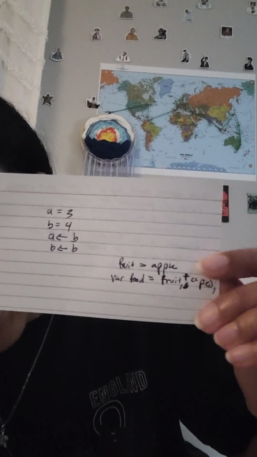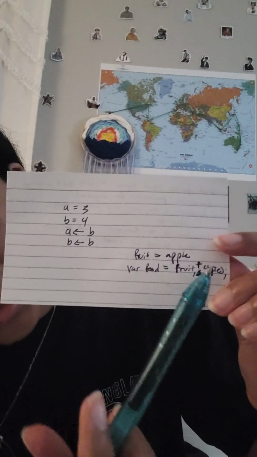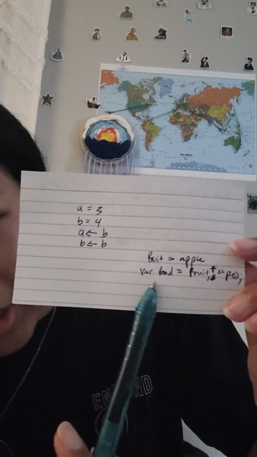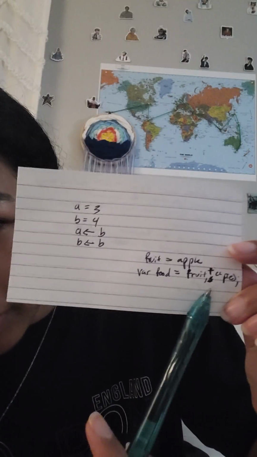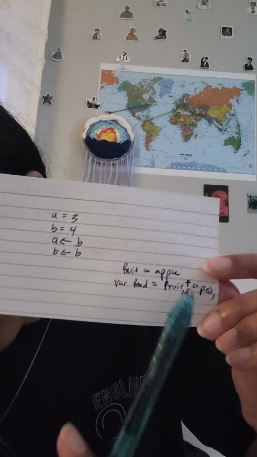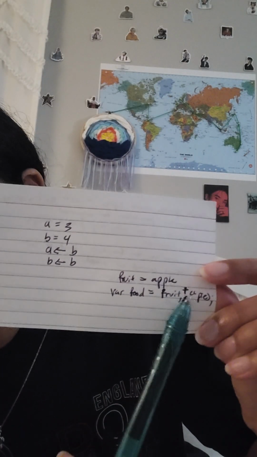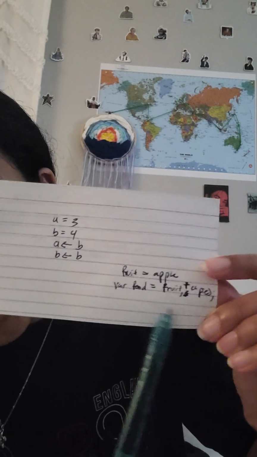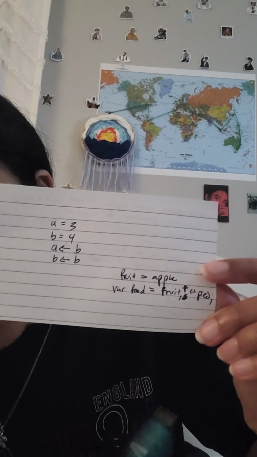This is my very bad handwriting. So basically, if fruit equals apple, and then you have variable food equals fruit plus, in quotation marks, pie, then fruit is apple. So when you concatenate this, it's apple pie. That is basically that part. It's pretty light, I would say.